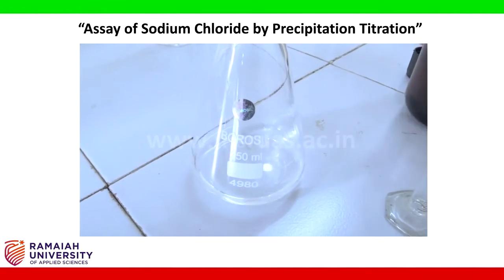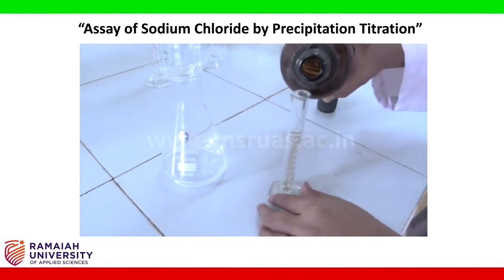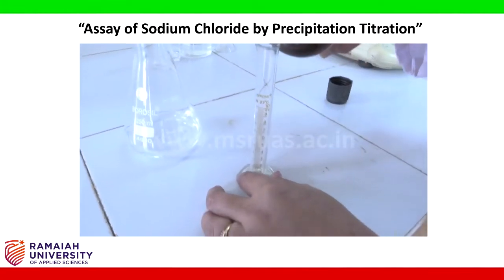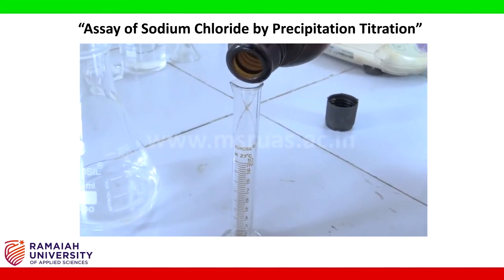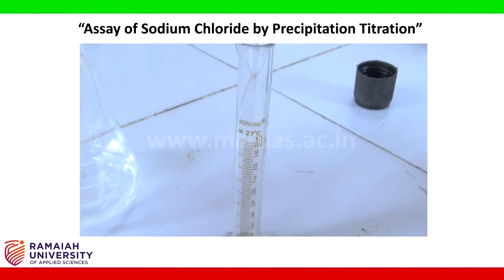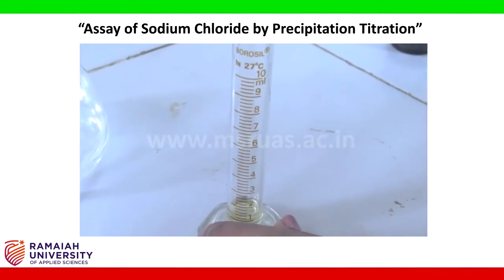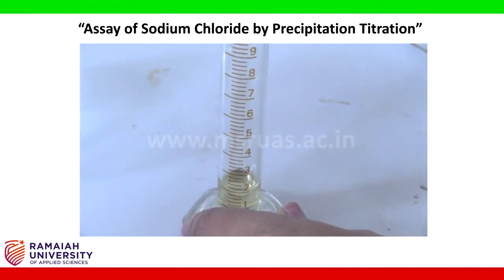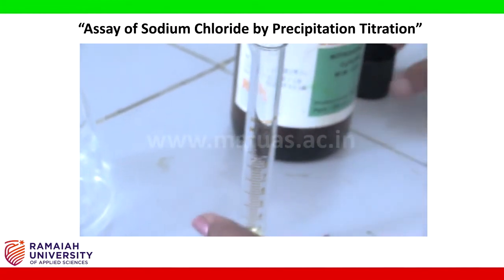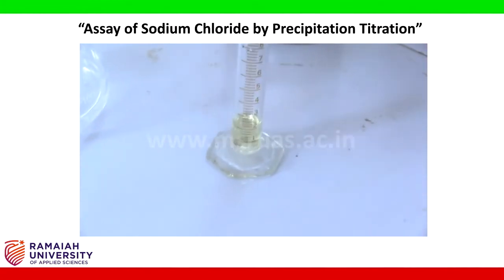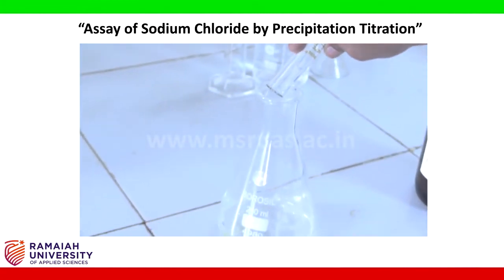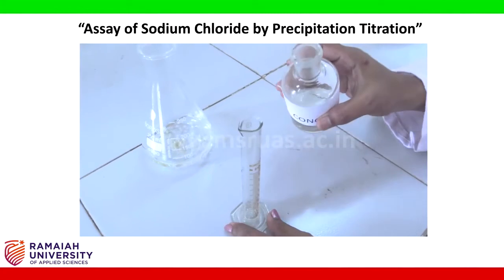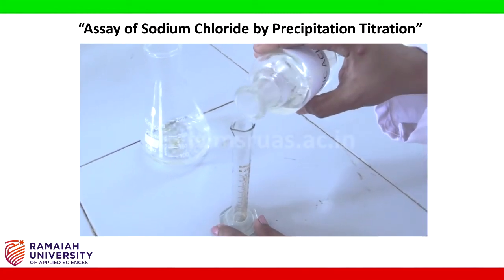After adding distilled water, add 2 ml of nitrobenzene. Then add 5 ml of nitric acid.